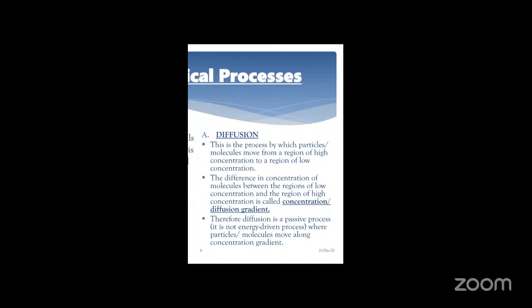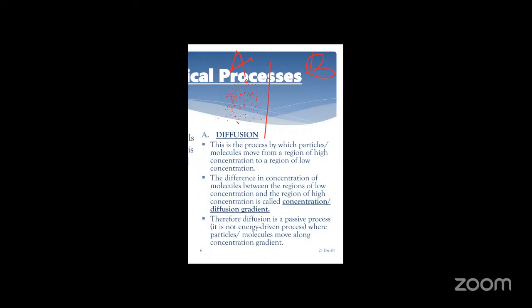I don't know if I can illustrate using a small diagram. We can have very many molecules of a particular, let's say, a dye or a cologne. So they are highly concentrated here. We have two regions: region A and region B. In region A, as you can see, the red dots that I'm drawing here, we have very many molecules of a particular cologne.